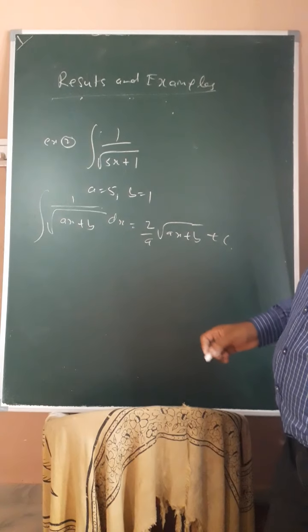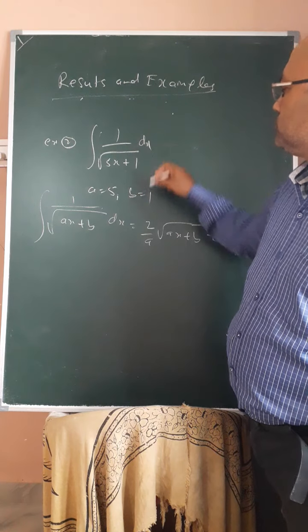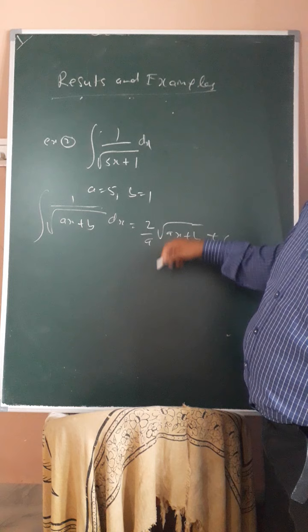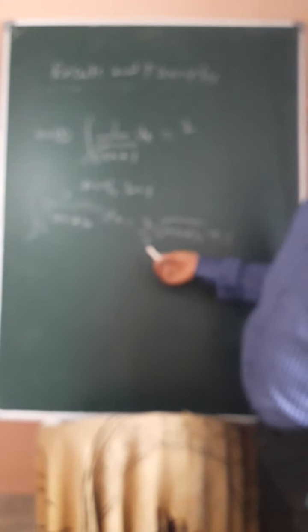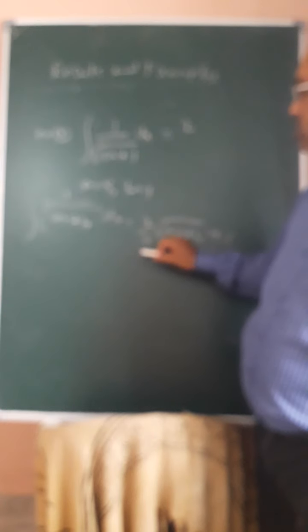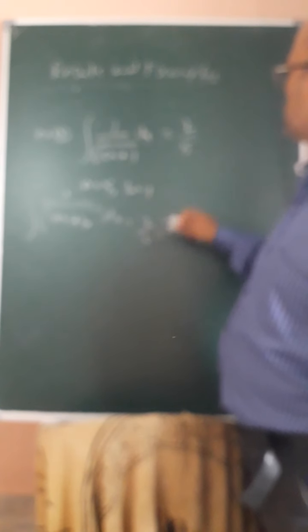So here a is 5, so it is 2 by 5 square root of 5x plus 1 plus c.